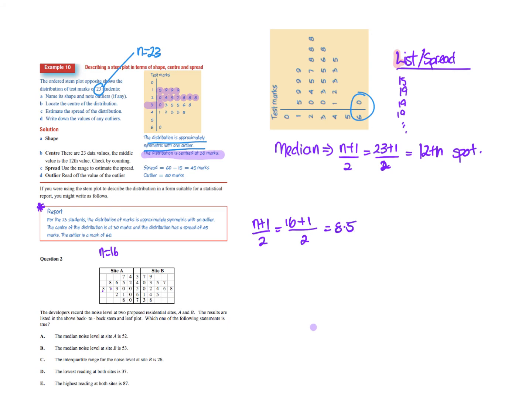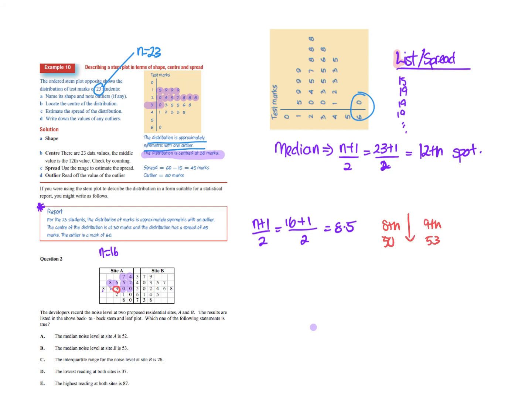If you go through this, you go 1, 2, 3, 4, 5, 6, 7, 8. So the 8th, I'm going to write it here, the 8th number is 50 and the 9th number is this one here, which is 53.